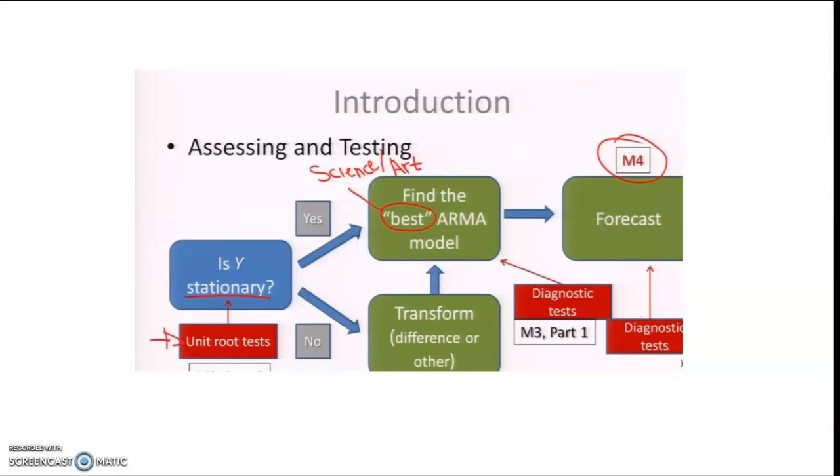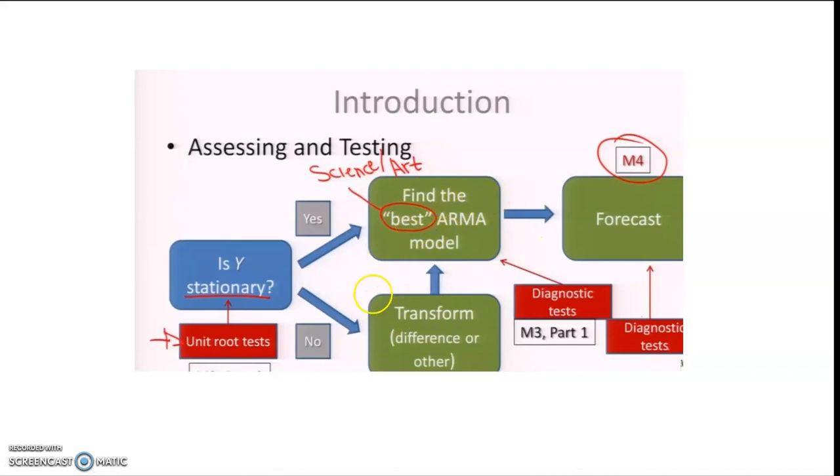And then we can assess and test for stationarity if it is not stationary. So if it is stationary, as I mentioned earlier, we will find the best ARMA model, and regarding the choice of the best model, science and art is involved. And after that, we may use some diagnostic tests for the best model under consideration.